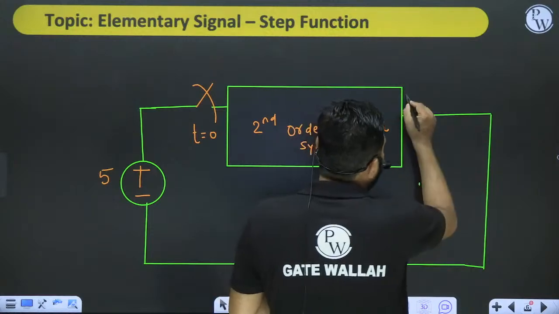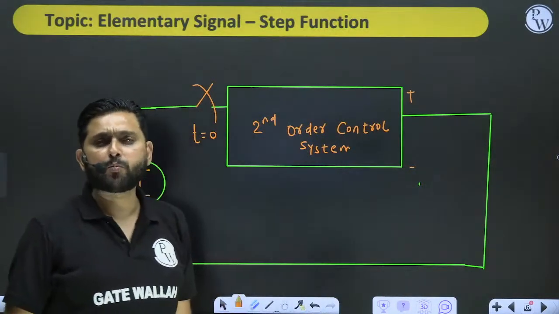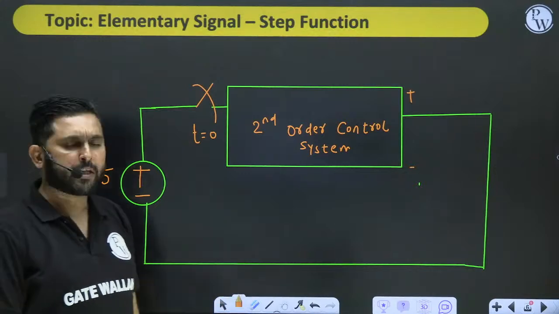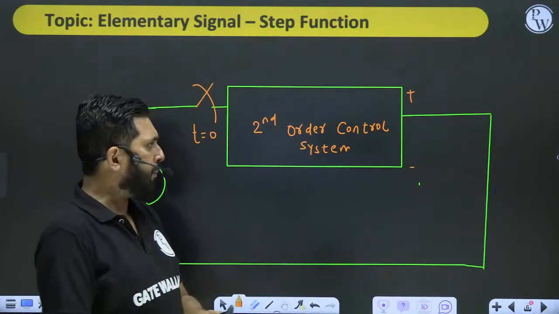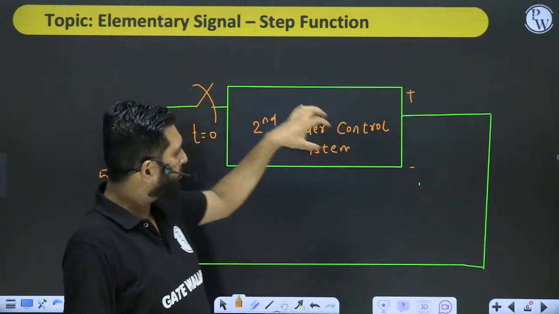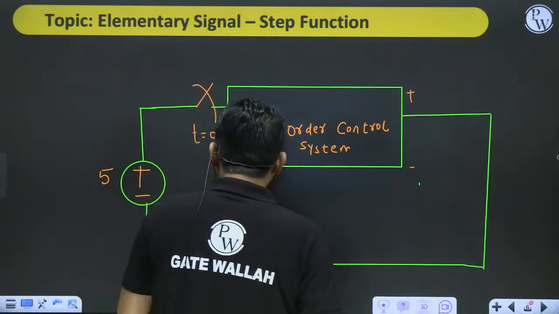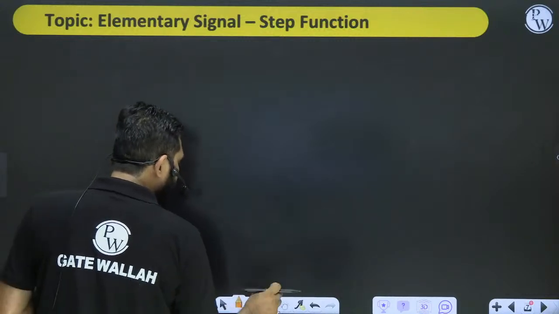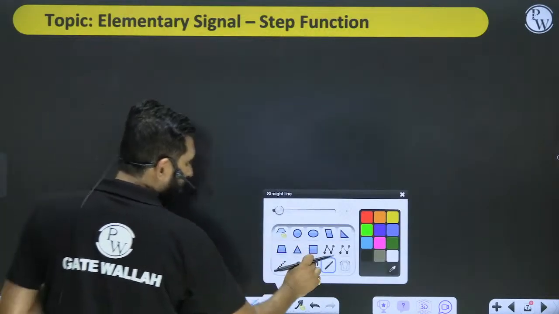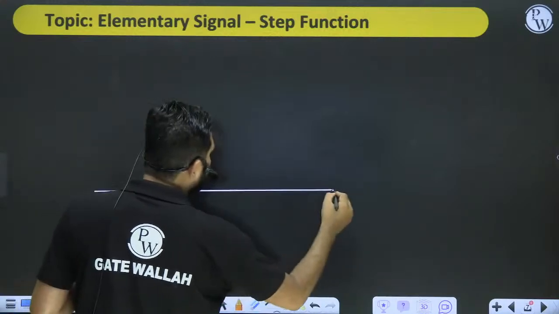Suppose I am measuring the output here. You may take the output across the capacitor, where you will observe a voltage, or across the inductor, where you will observe a current. Then what kind of response will I get here? You know that the response I will get is this one.